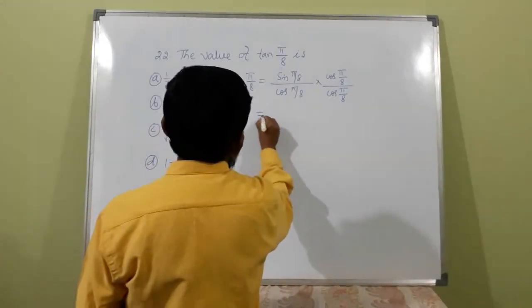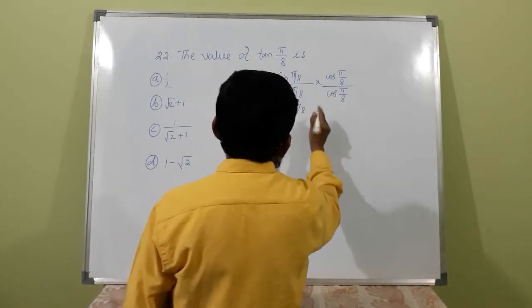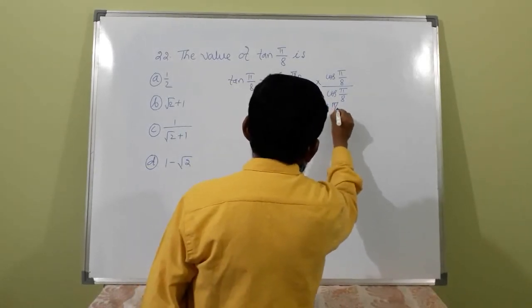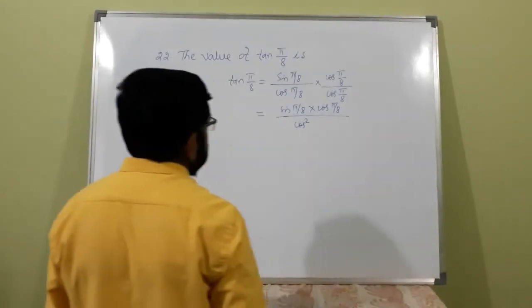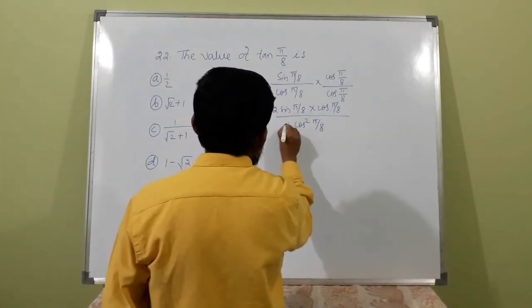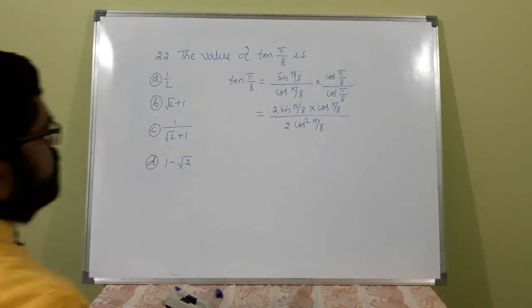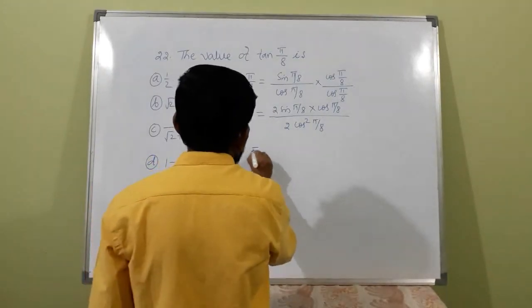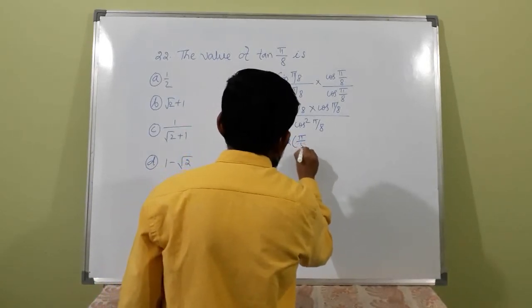So the numerator is sin(5 pi by 8) into cos(5 pi by 8) divided by cos squared(5 pi by 8). If you multiply numerator and denominator by 2, the numerator will be 2 sin theta cos theta, sin 2 times 5 pi by 8.